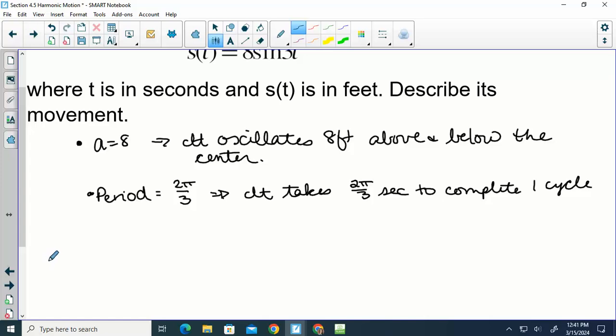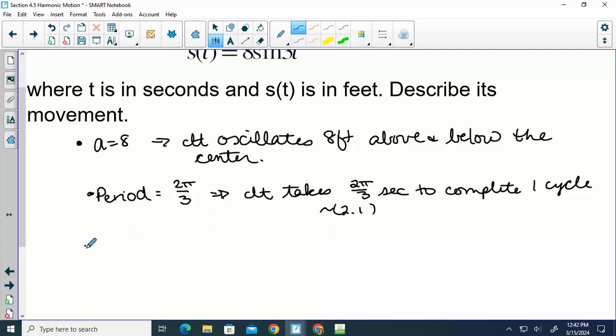If you prefer, you could say approximately 2.1 seconds if you like that better. 2 times pi divided by 3 is about 2.1.